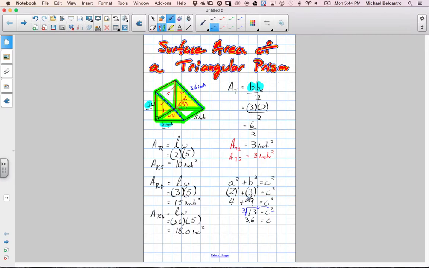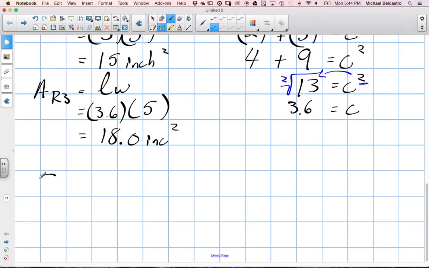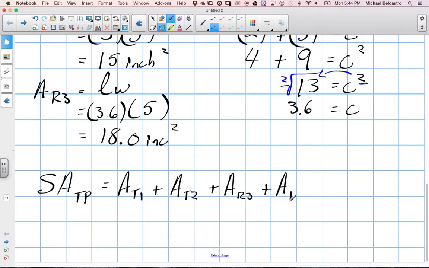Okay, are we finished? Have we figured out the total surface area? No, that's right. It's a ton of work. So we'll say the surface area of the triangular prism is equal to the area of triangle 1 plus the area of triangle 2 plus the area of rectangle 3 plus the area of rectangle 4 plus the area of rectangle 5. And there were 5 faces, right?